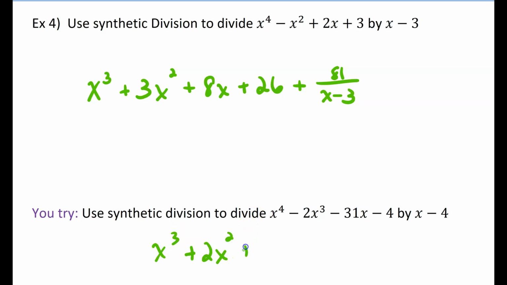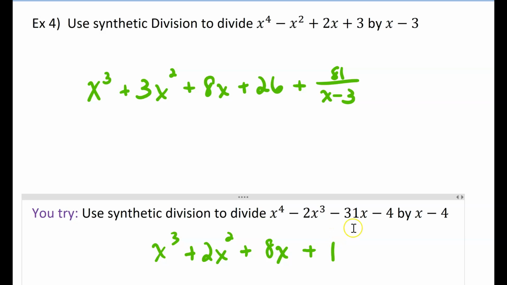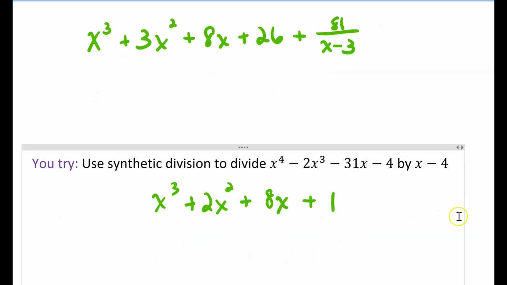So again, what does it mean if you have no remainder? What you're dividing by is a factor. Perfect. It means it's a factor. Yes, connections, that's right.